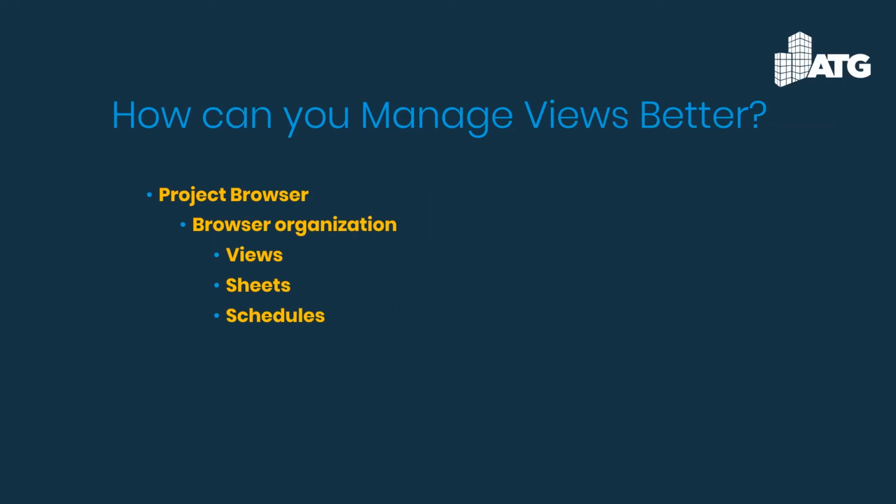Disciplines obviously can come into play there as well. We can also go in and add shared parameters or project parameters to define the order of our sheets. So we'll see a lot of companies that want to do that as well.